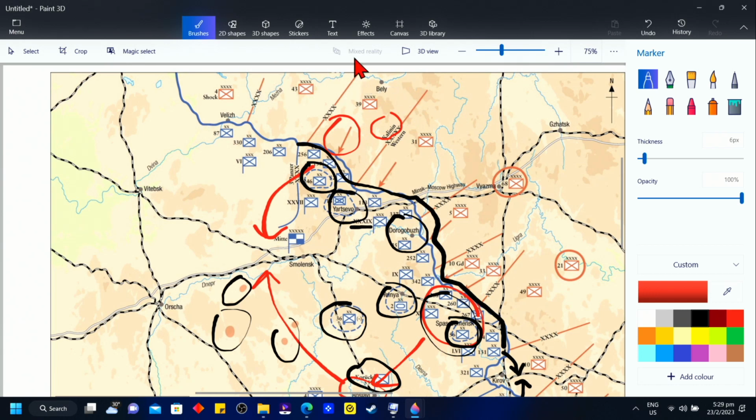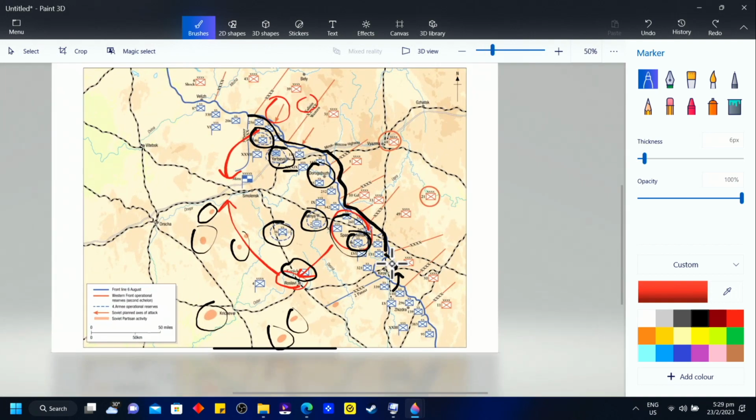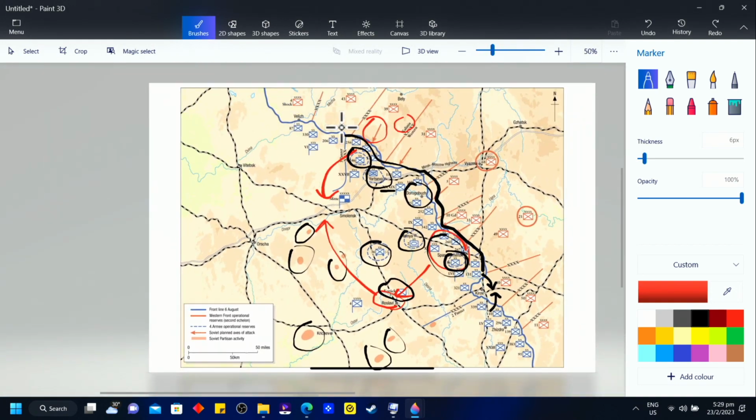Under Andrei Yeremenko, he would be in charge of the supporting attack on Smolensk, actually just from the 39th Army. I don't think this army was involved in the operation. So this is under Andrei Yeremenko, and this one is under Sokolovsky. Okay, so this is just the basic troop disposition at the front line.